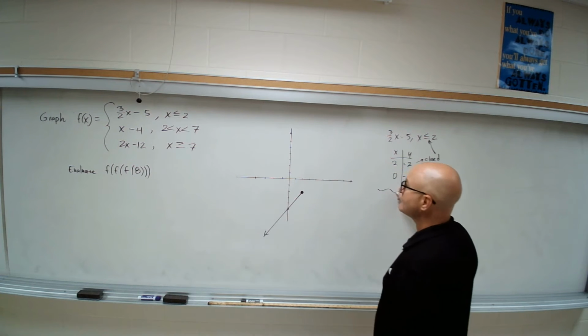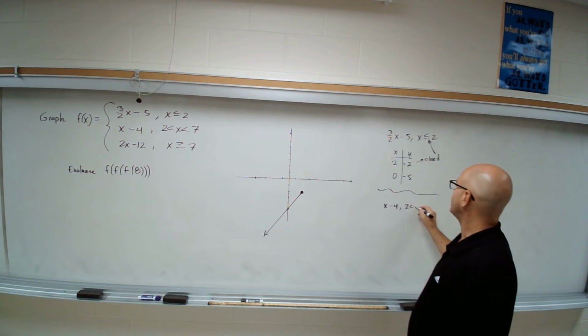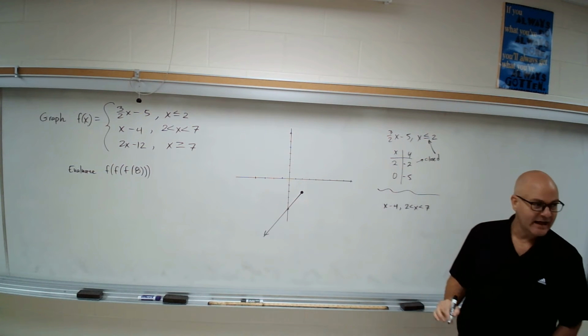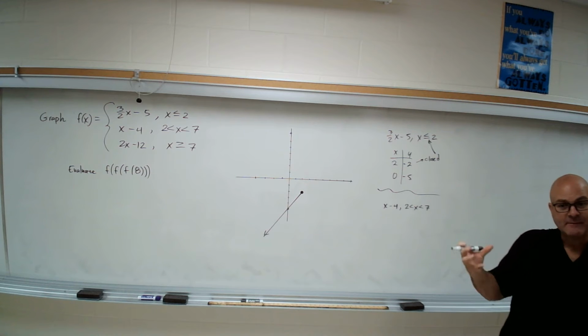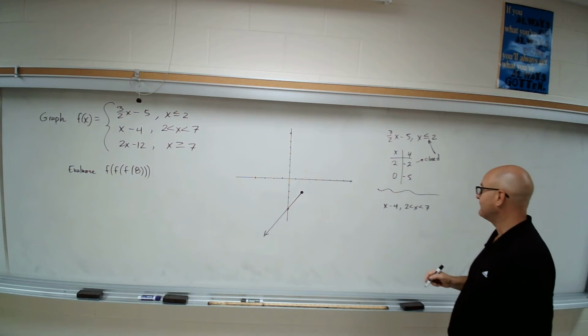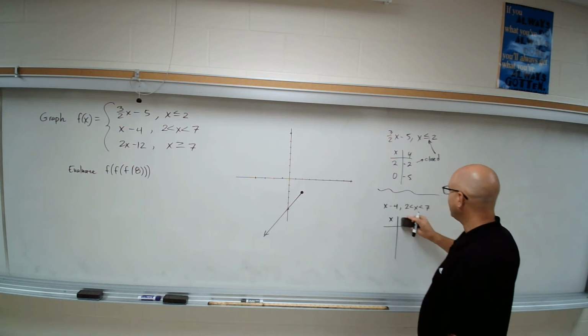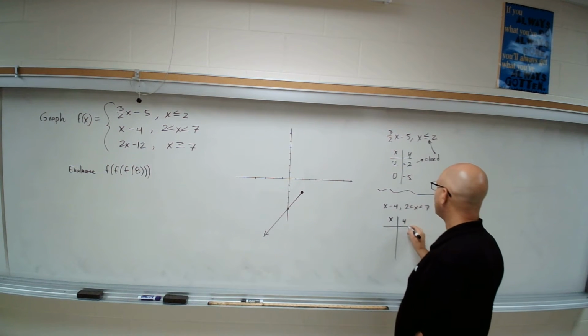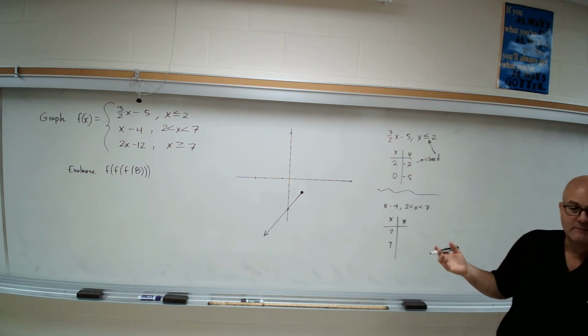The next one we have in the middle here is x minus 4, where 2 is less than x, which is less than 7. So for that, we know that we're going to have an open circle, right? It's going to be a segment with open circles on the end. And really, I just know I need to look at 2 and at 7. So I might just find those 2 values and then plug them in. That'll give me a line.